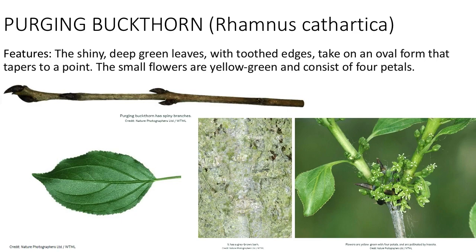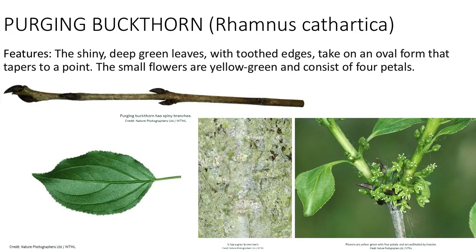Purging buckthorn trees can reach about 10 meters in height. They are characterized by this grey-brown bark and thorned branches. The conical black-brown leaf buds emerge on quite long stalks, and the leaves are arranged in an opposite formation, which you can also see on the twig with the buds in this case.